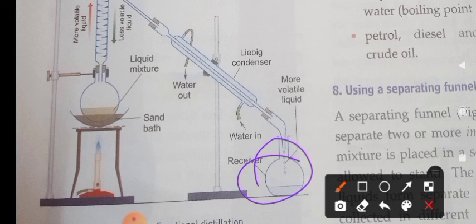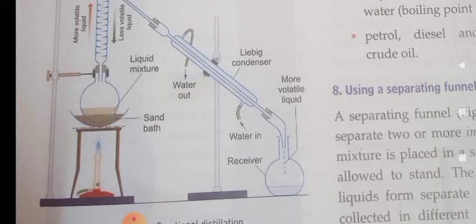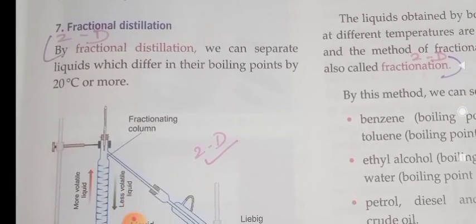Every liquid has a different boiling point, isn't it? For example, water has a different boiling point and oil has a different boiling point. When the temperature reaches the boiling point of the liquid, it evaporates. Those vapors are collected, condensed, and the liquid is obtained back. So this is the simple idea behind the fractional distillation method.